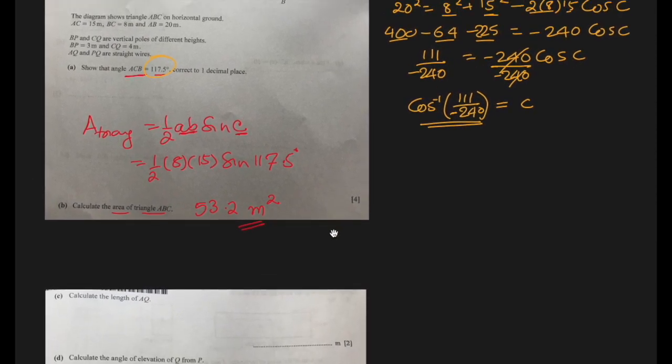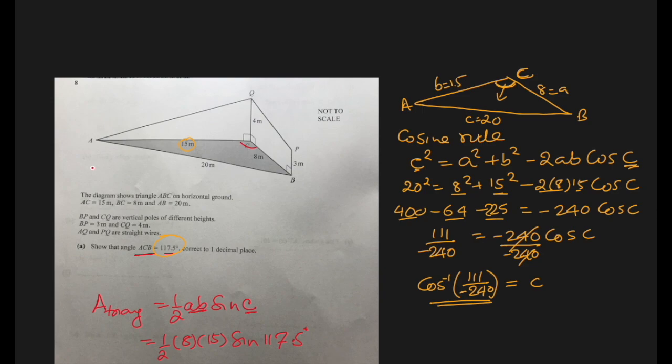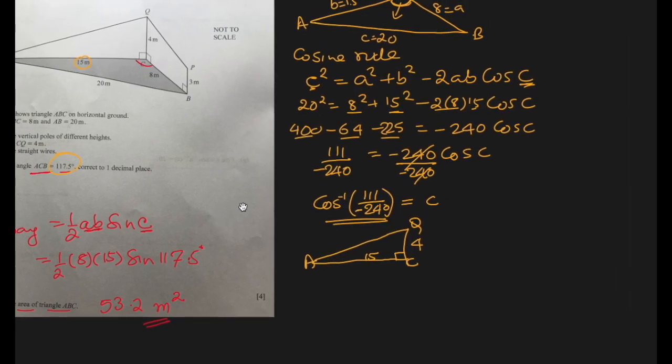Calculate the length AQ. AQ, this one. So let me redraw again AQC, this triangle, which will be here, and it is a right angle triangle, correct? So height is 4, this is 15, and I need to find AQ, right? So in this case we can use Pythagorean theorem.